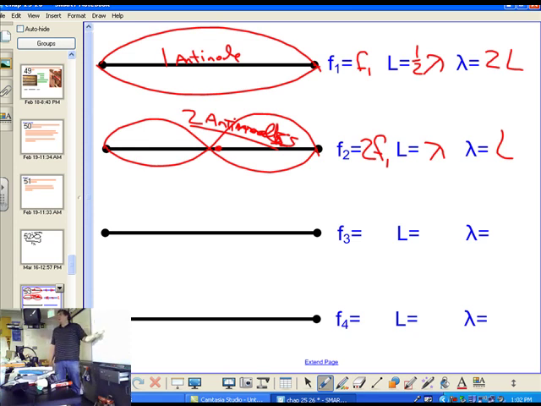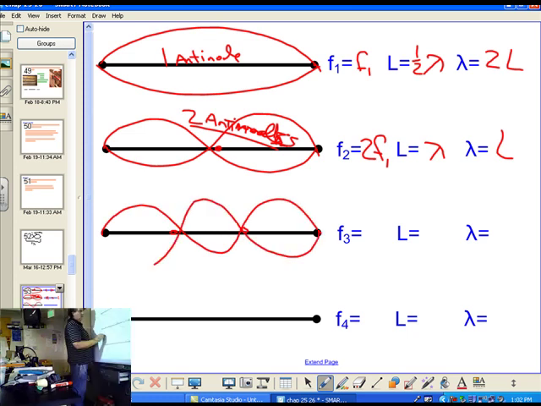We go to the third harmonic. Now remember, the fundamental is also called the first harmonic. How many antinodes are going to be in the third harmonic? 3. So there's a rule: every time we go up one antinode. So now we have 1, 2, 3.